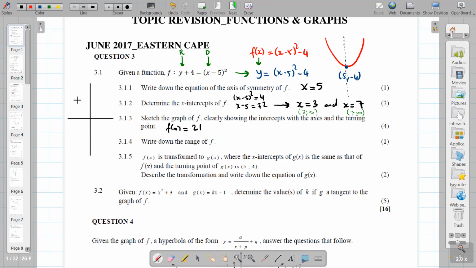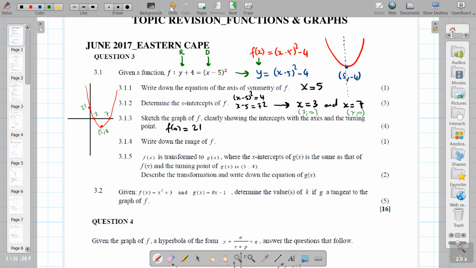What do we have? We have 3 and 7. Turning point was 5 and minus 4. So somewhere here is the turning point, and y-intercept is 21. So the graph will be like that. That's 21, that's my 3, that's my 7, and that's my 5, in the middle, with the turning point 5 and minus 4.